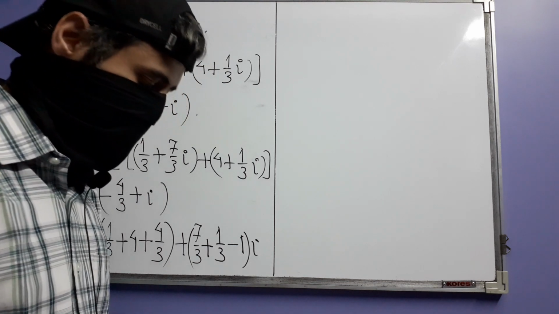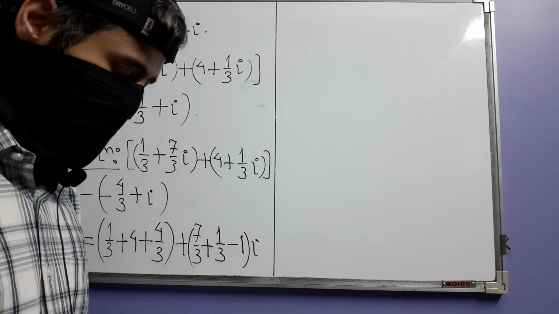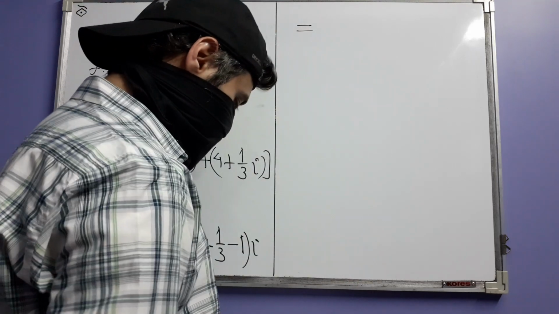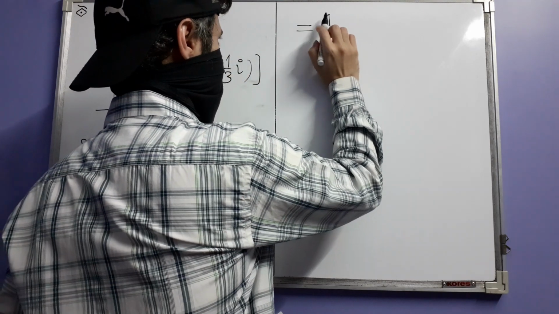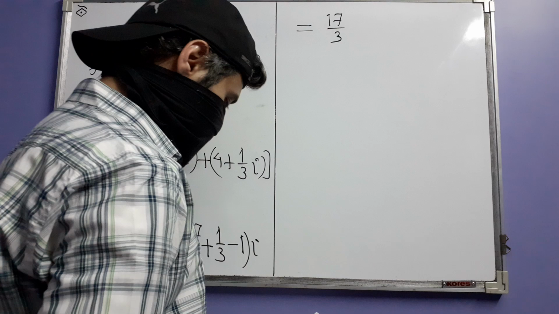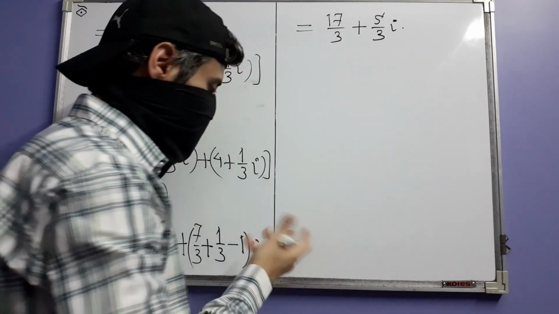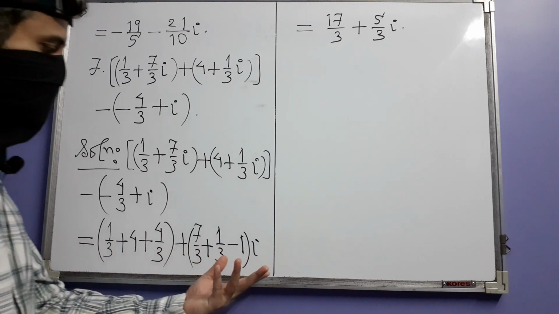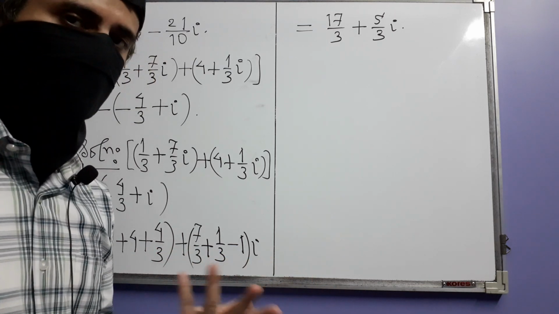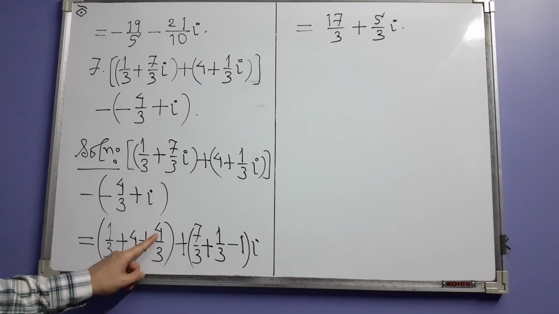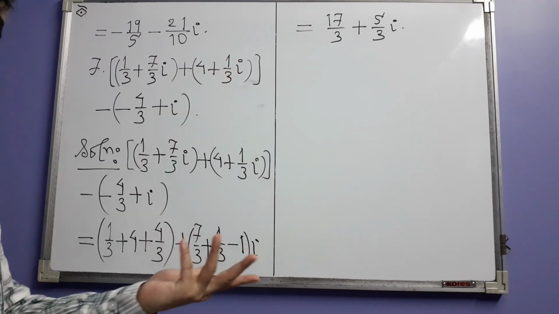There is no point going through the details of the calculation. I am just simply going to give you the final answer. So the final answer will be 17 divided by 3 plus 5 over 3i, which many of you can almost instantly see because you can calculate much faster than me. Okay, so this is how it's going to be. In fact, if you see 12 plus 4, 16, 16 plus 1, 17, so like that you can verify.